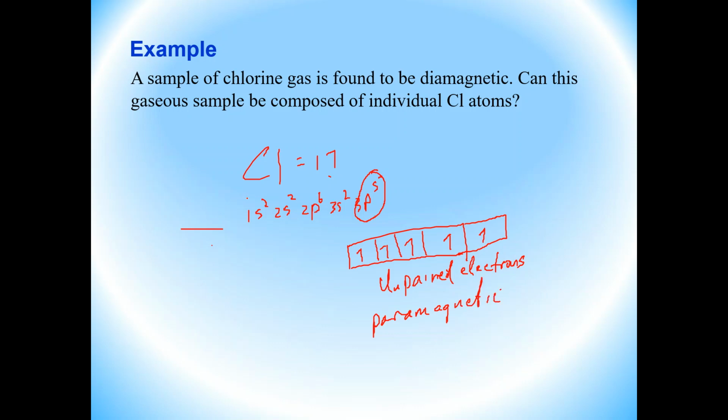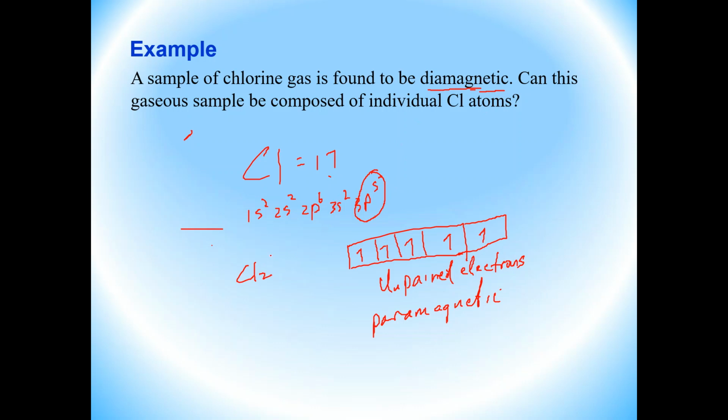But we know, according to the information here, that chlorine gas is diamagnetic. So what that indicates is that the chlorine gas is not made up of chlorine atoms, and we now know that chlorine actually exists as Cl2, all right?